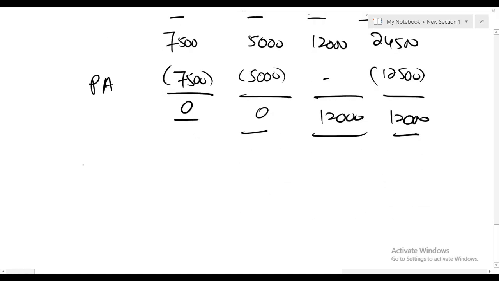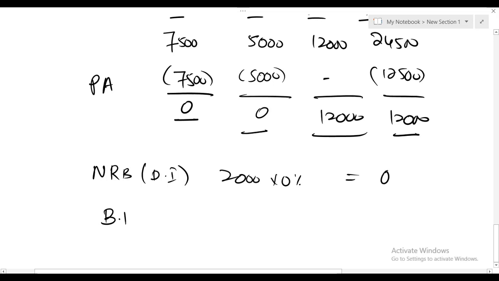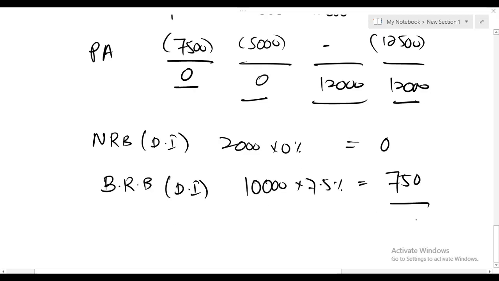Now we have just dividend income, and the amount of the dividend income is 12,000. Nil rate band, dividend income 2,000 into 0% is obviously 0. Then basic rate band of dividend income, 10,000 into 7.5%. Look at this, it is 750. So how much tax are you paying? 750.